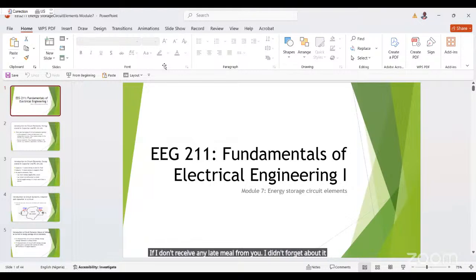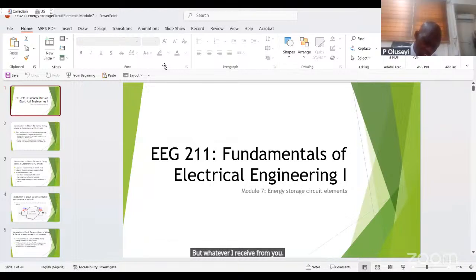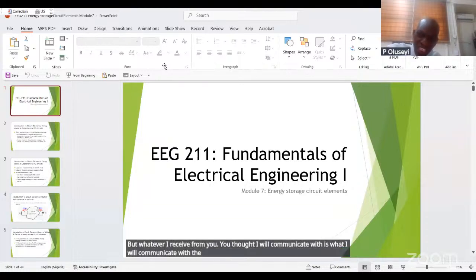But whatever I receive from you is what I will communicate to CITS, because by CITS information to me, they have done the last batch of our extraction of the list for the laboratory.